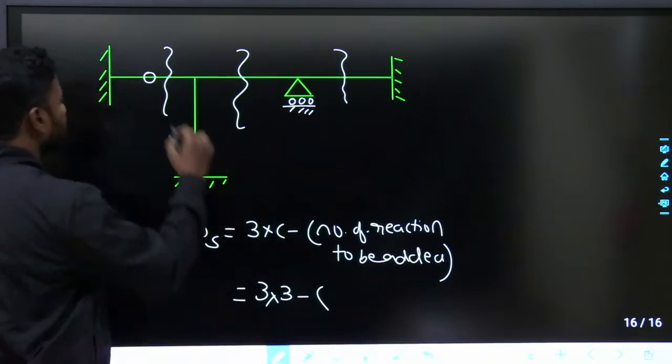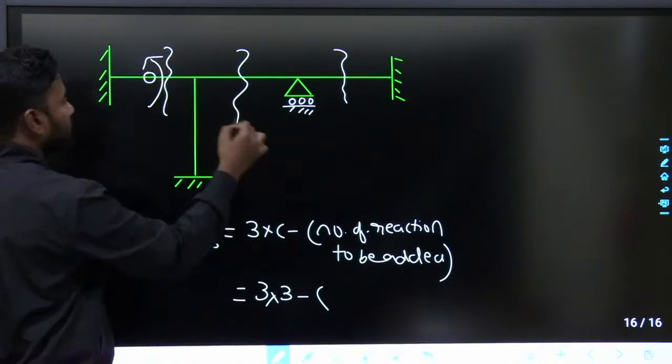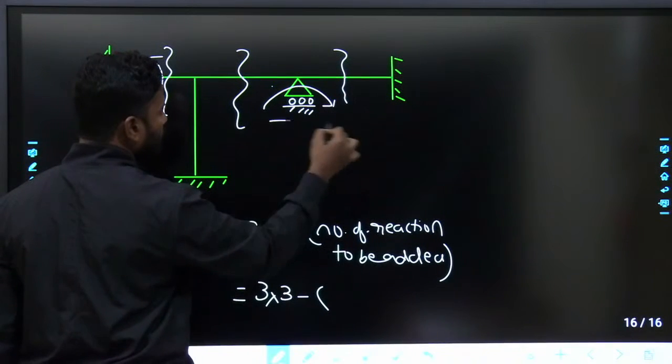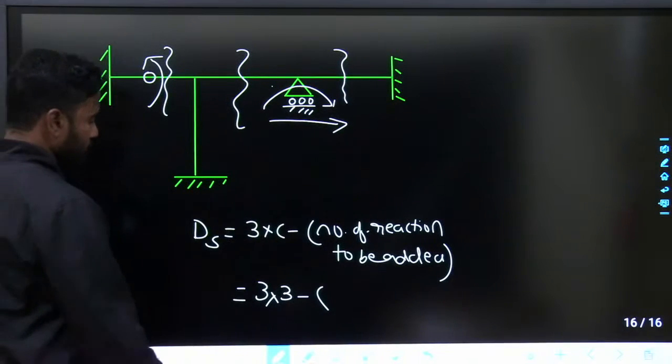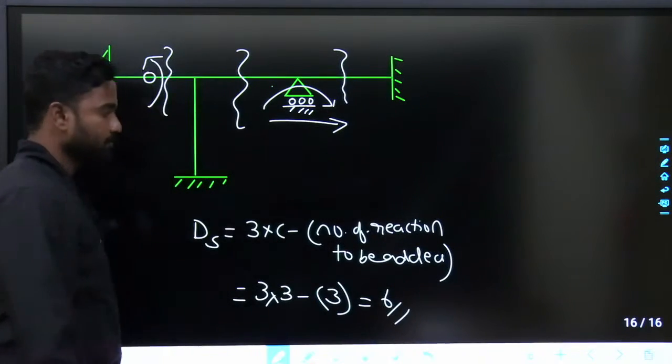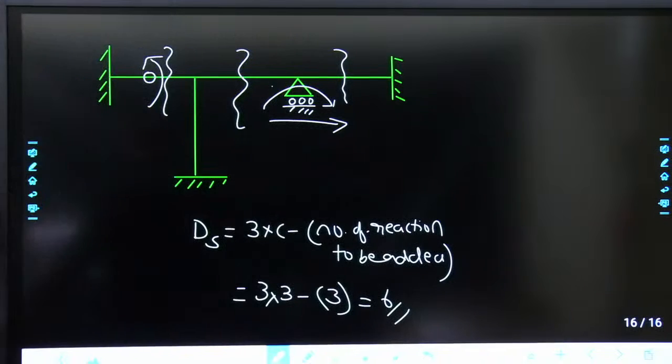Number of reactions to be added is 1 reaction here, and here roller support 1, 2. 2 reactions you have to add, 3. 9 minus 3, that is 6. Your answer would be 6.